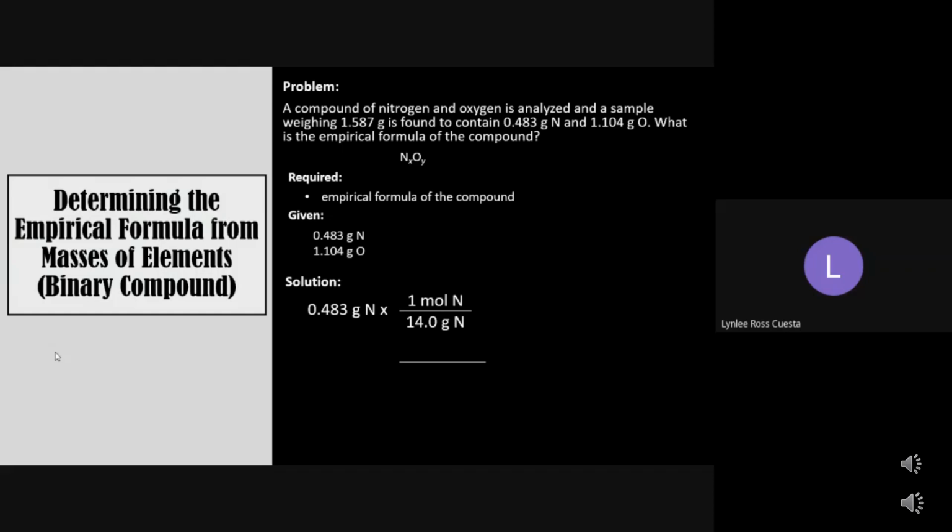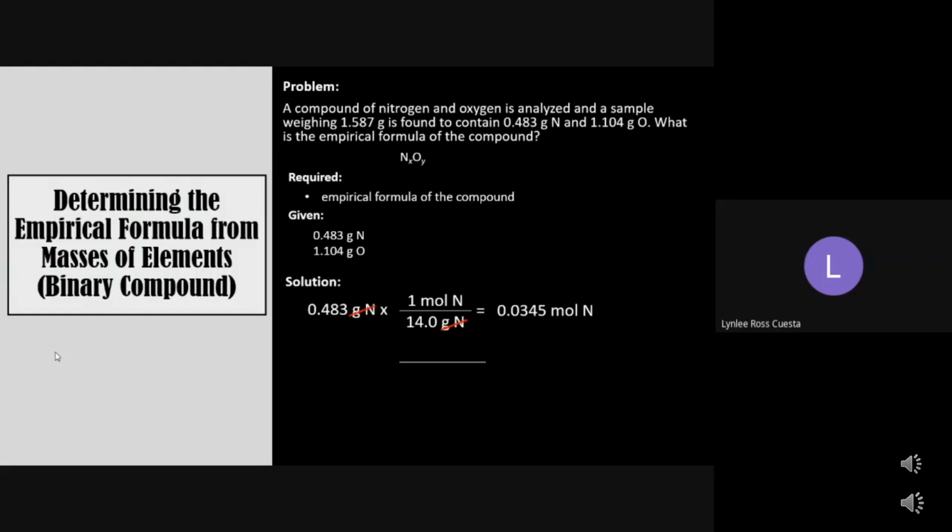So we simply cancel out the grams of nitrogen for us to get our desired unit, which is mole of nitrogen. We calculate 0.483 times 1 over 14, and we get 0.0345 mole of nitrogen.